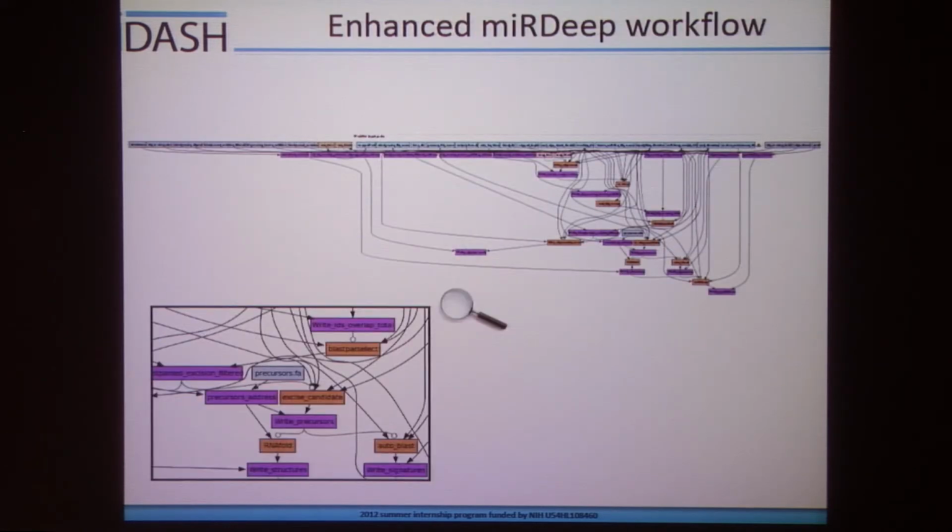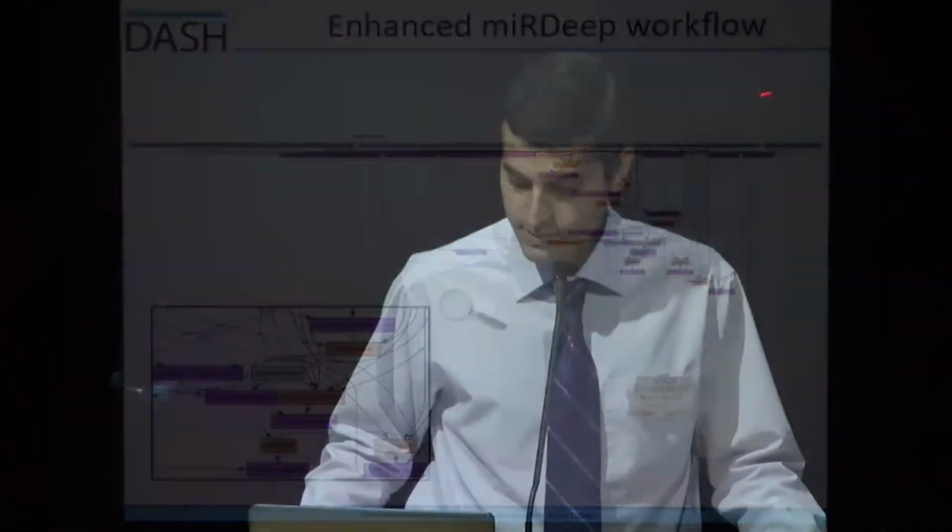So this is the workflow I designed for detecting novel microRNAs based on miRDeep in the Taverna environment. Again, we don't need the details. I think you cannot even read the tags. I magnified a part of it to show you how it looks, but it consists of several components.